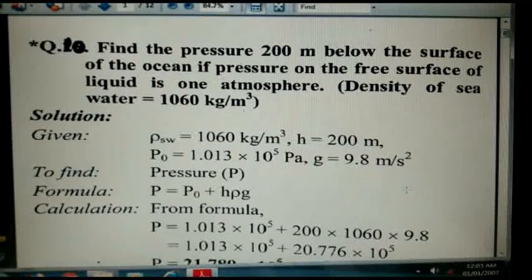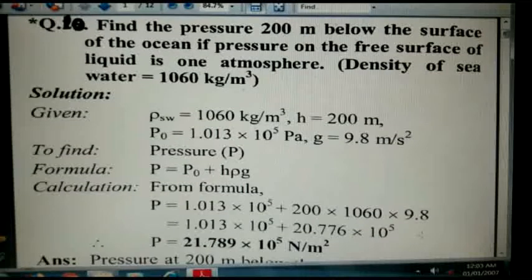So we get P equal to the value of P0, 1.013 into 10 to the power 5, plus the value of h, 200, into the value of rho, 1016, into the value of g, 9.8. When we multiply these three, we get 20.776 into 10 to the power 5.